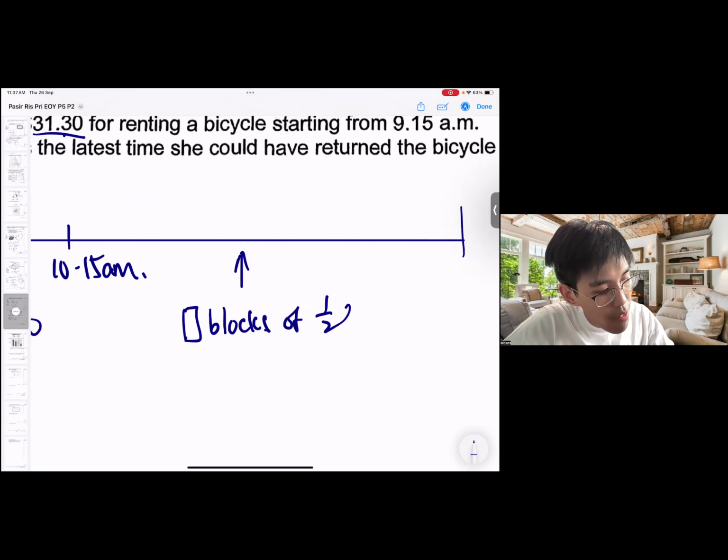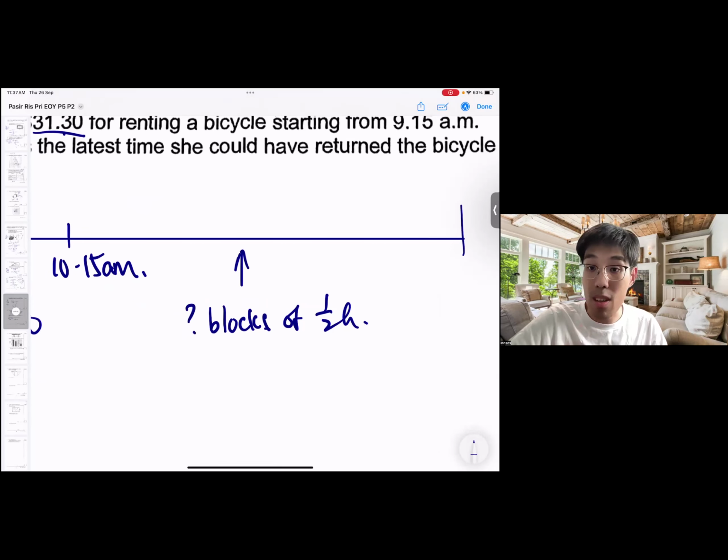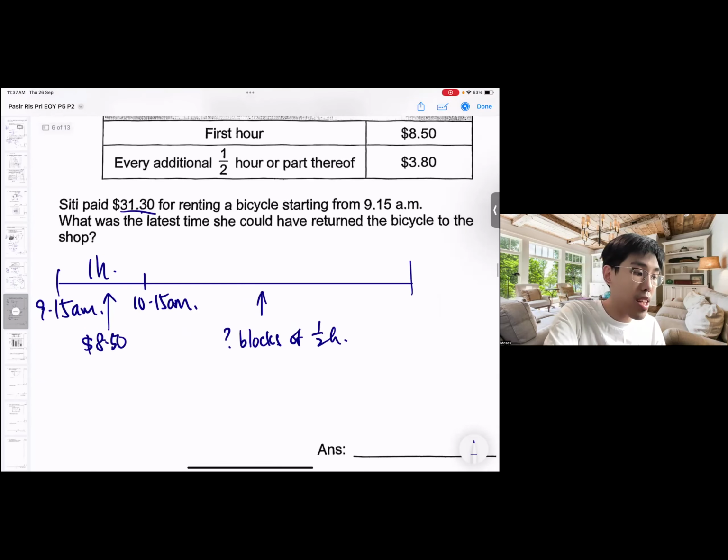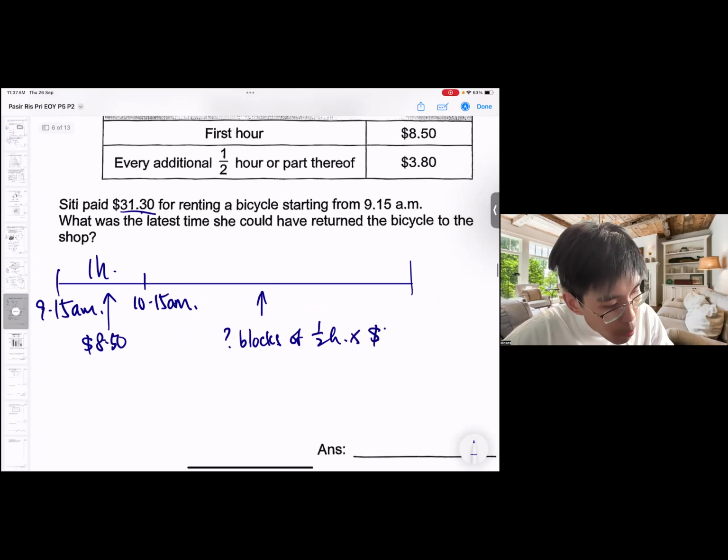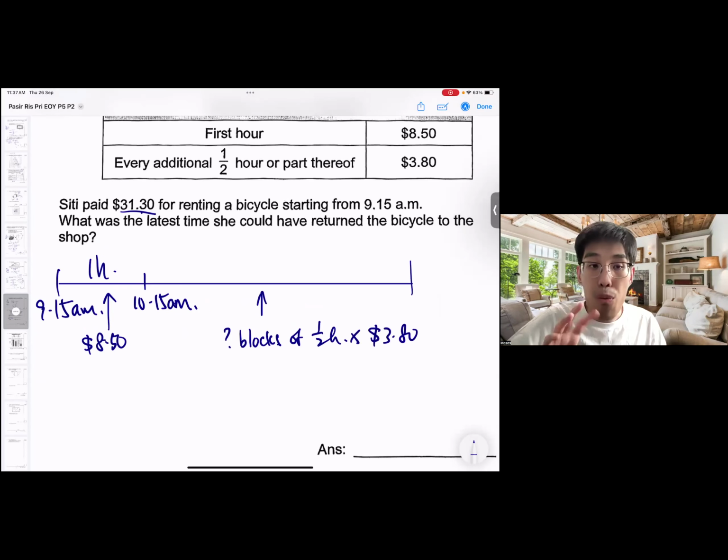But we don't know how many blocks. How many blocks is what we need to find. But we know that this amount of blocks multiplied by 380 will form up the remaining amount of what we need to pay for. In this case, it will be 31.30 minus 850. We must have the idea in mind. With this idea in mind, you will know what you need to solve.